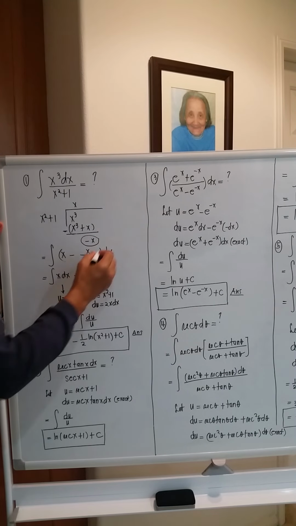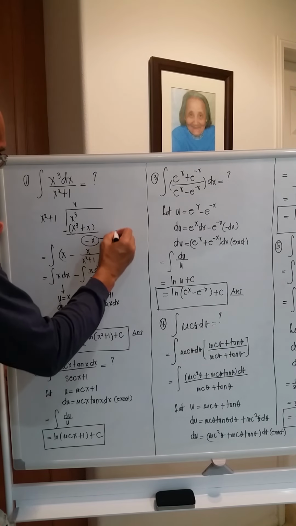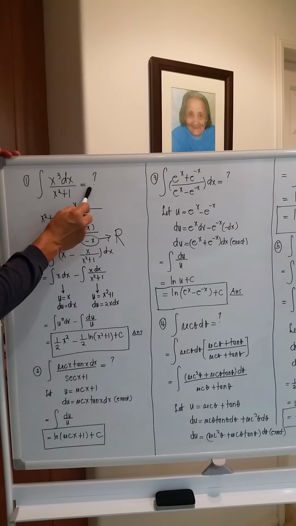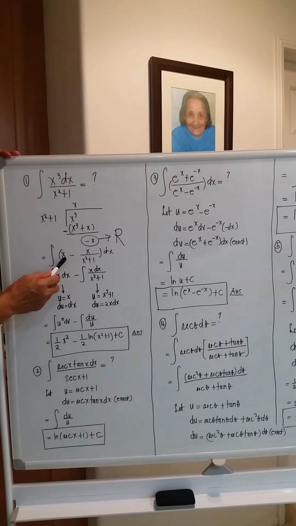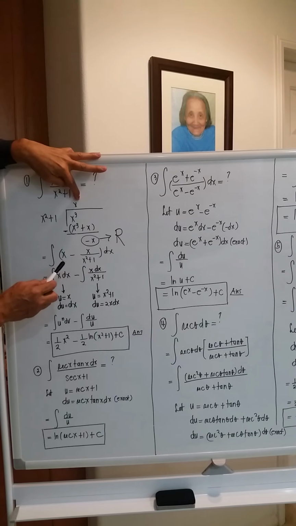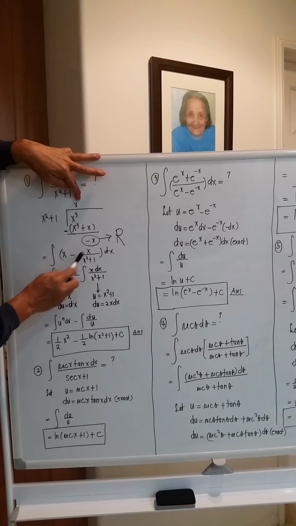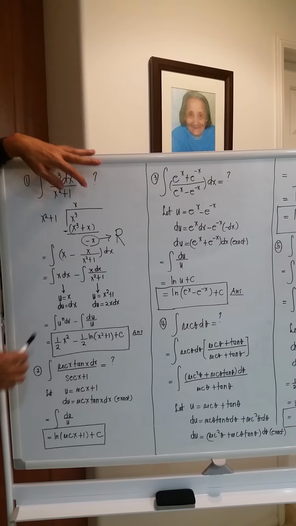This is minus x, and this is the remainder. Meaning, the value x cubed divided by this will be equal to x, that's the first answer we got, right, minus the remainder, minus x over x squared plus 1.